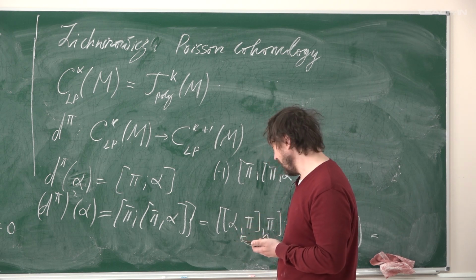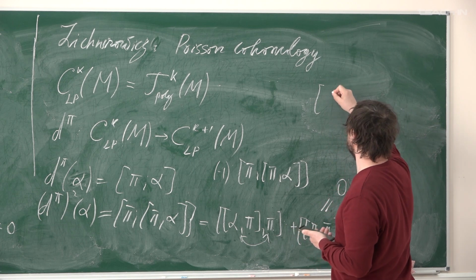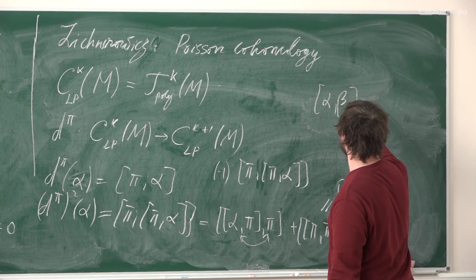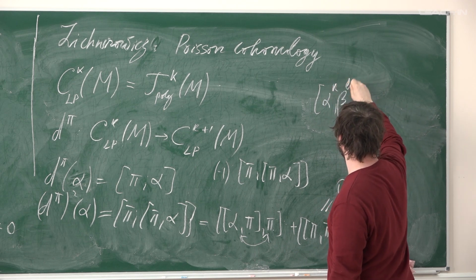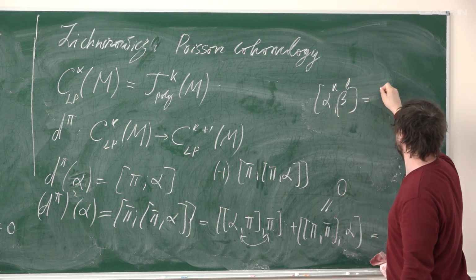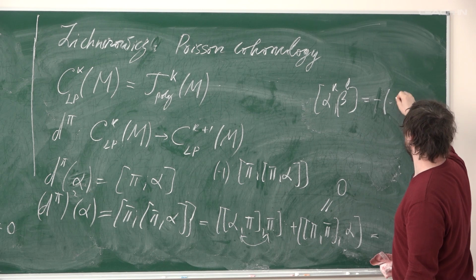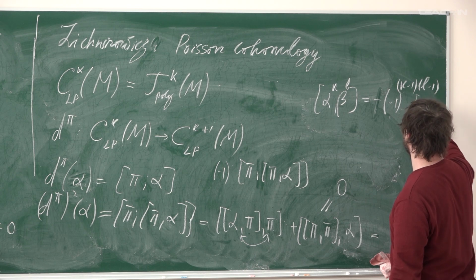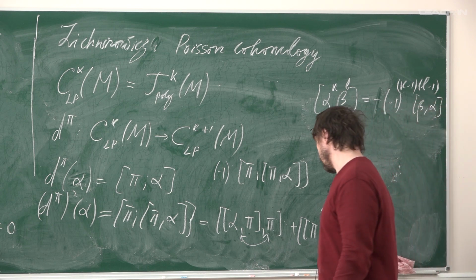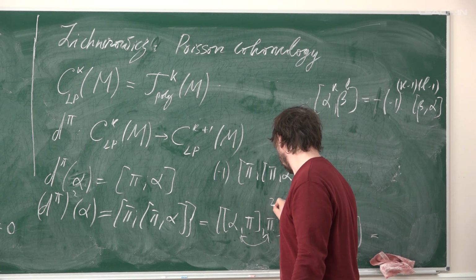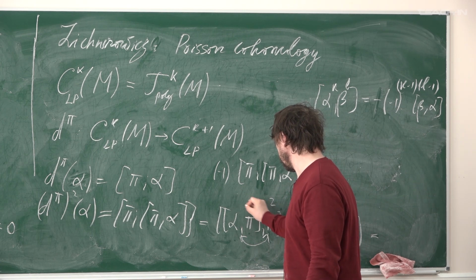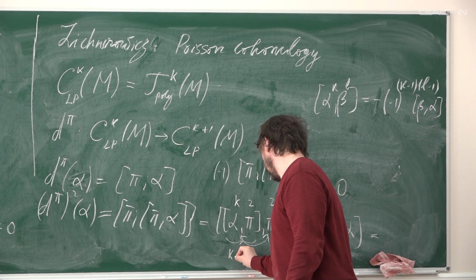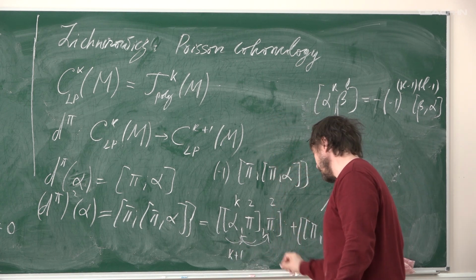Let me recall the graded commutativity of Schouten bracket. It looks like this. We have alpha and beta, so let A be of degree k, B of degree l, then it is equal to minus 1 to the power k minus 1 times l minus 1, B, A, right? So this is equal to 2, and this is equal to k, say. So this element is of degree k plus 1, and this is of degree 2.